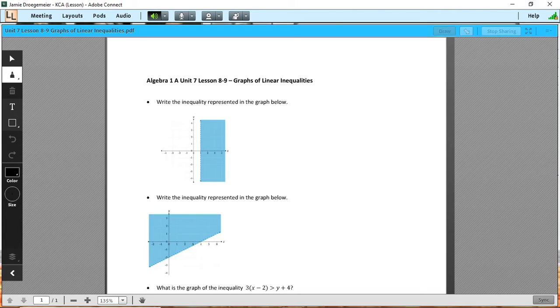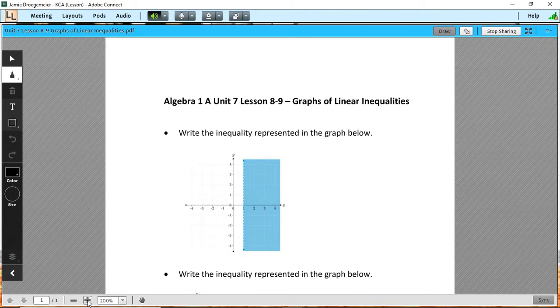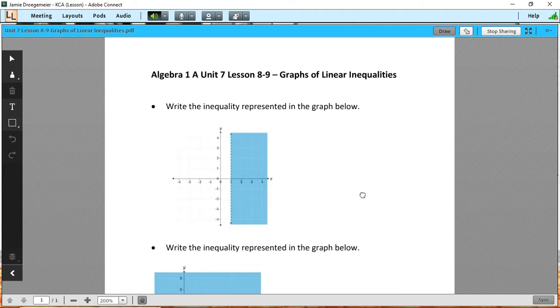So I'm going to zoom this in just a little bit better so we can see those graphs a little bit more. With this first example, we want to write the inequality that's represented by this graph. You'll notice that there is a dashed or dotted line before the shaded area.